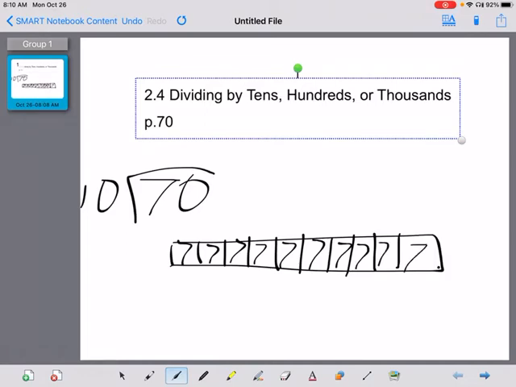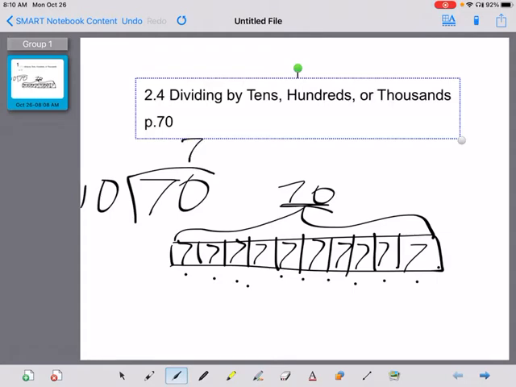And they're saying, hey, in there you've got a total of 70. So if you have the 70 and you're dividing by 10, then 70 divided by 10, that's right, it should be 7.